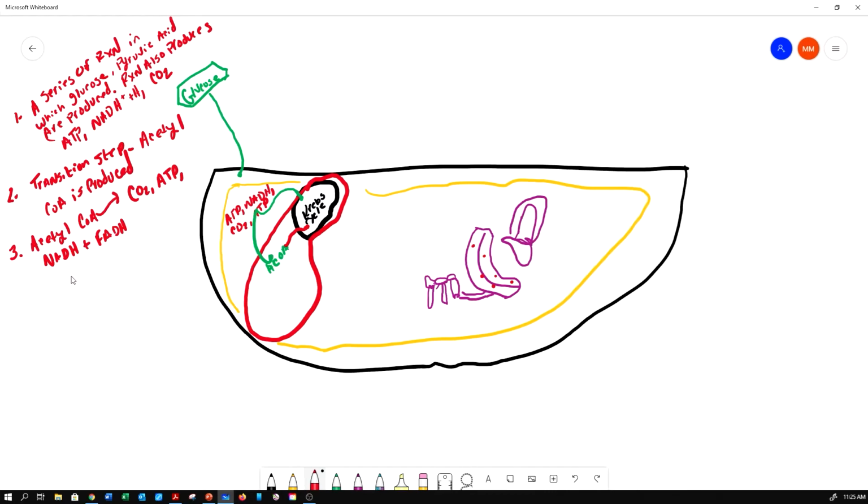And NAD and FAD, what they are really is high energy electrons. All right. So remember, the mitochondria is kind of like a warehouse. It's organizing, it's stacking things, it's putting things in different places of the warehouse. But this warehouse also has a production process as well.